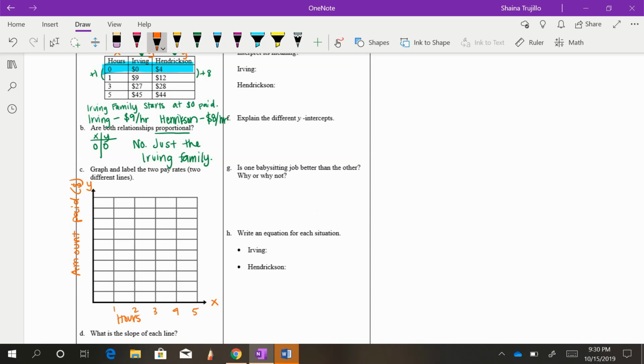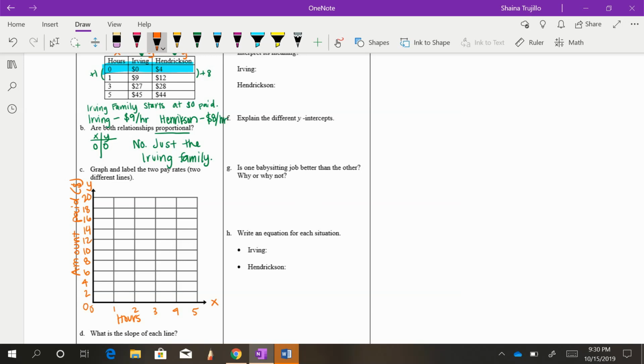And the amount paid, let's go up by $2. 2, 4, 6, 8, 10, 12, 14, 16, 18, 20. Okay, now I know that we won't actually get that far over, and the graph obviously exceeds the amount, but let's go ahead.